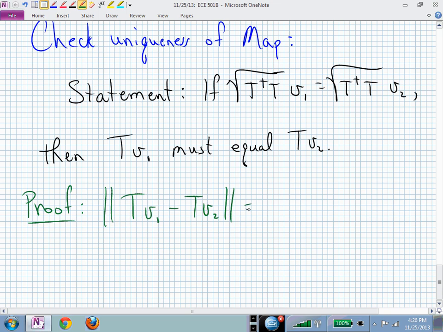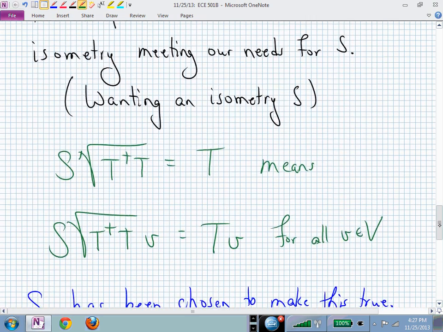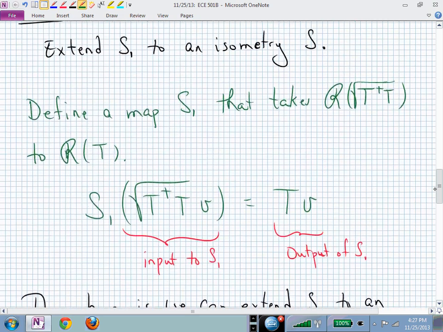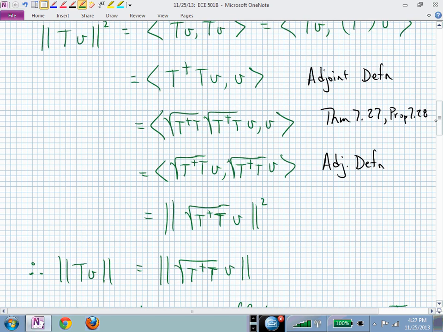So here's what we have. We can use the linearity of the linear map T to give us that. That's valid. But then what did we just show above for T and T dagger? Way up here, didn't we show that those were equal in norm?